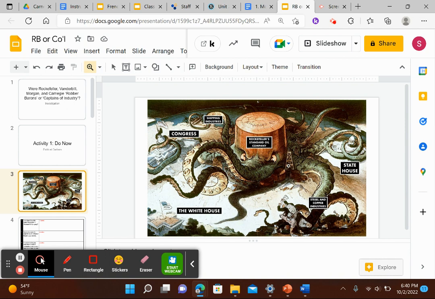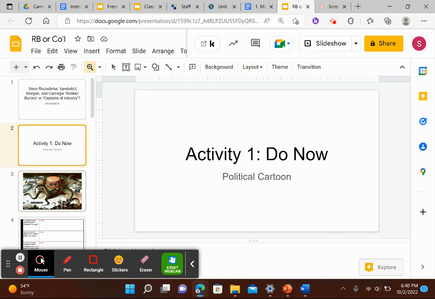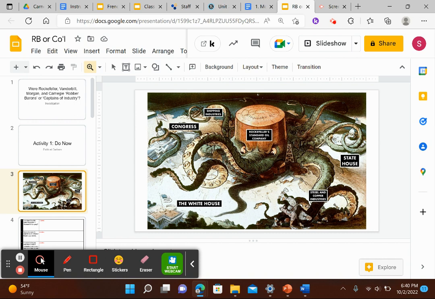Over here, you have another tentacle that is wrapping around the steel and copper industries. You can see an oil tower here, and then another one going around the State House. And the idea here is that this company is acting as an octopus and using its different appendages to grab at or take over different parts of the political and economic life of the United States during the Industrial Revolution.